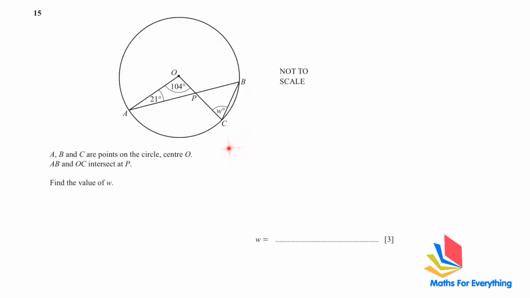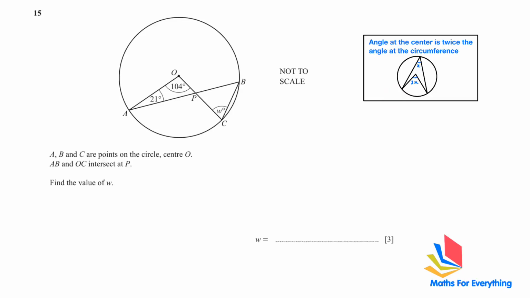Question number 15 is a circle theorem question. A, B, and C are points on the circle center O. AB and OC intersect at P. Find the value of W. I hope you are aware of all the circle theorem rules. If not, you can watch the video where I have explained all the theorems. Here in this case, we are going to use this theorem.